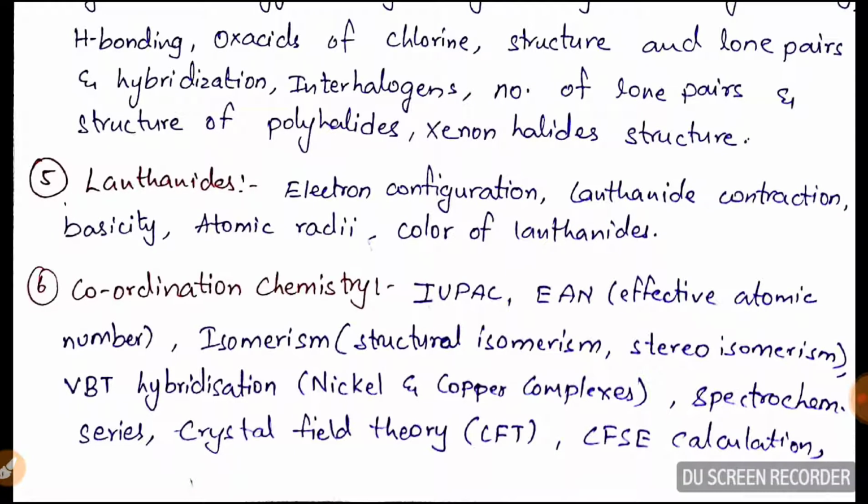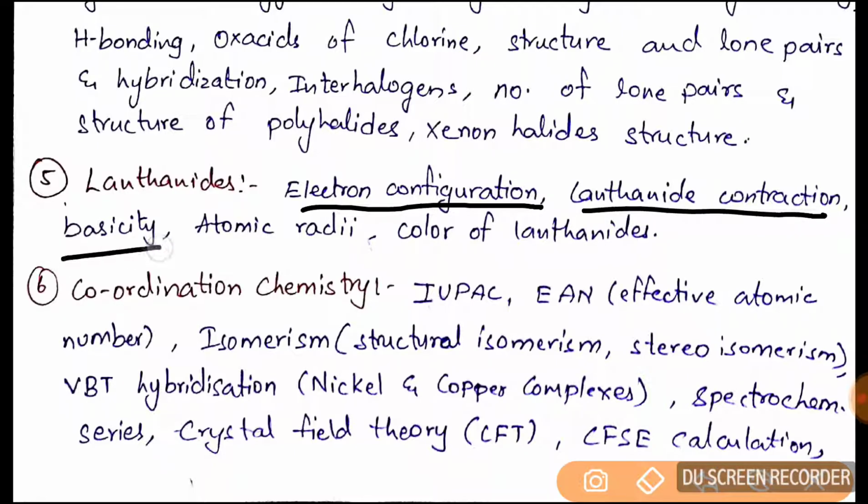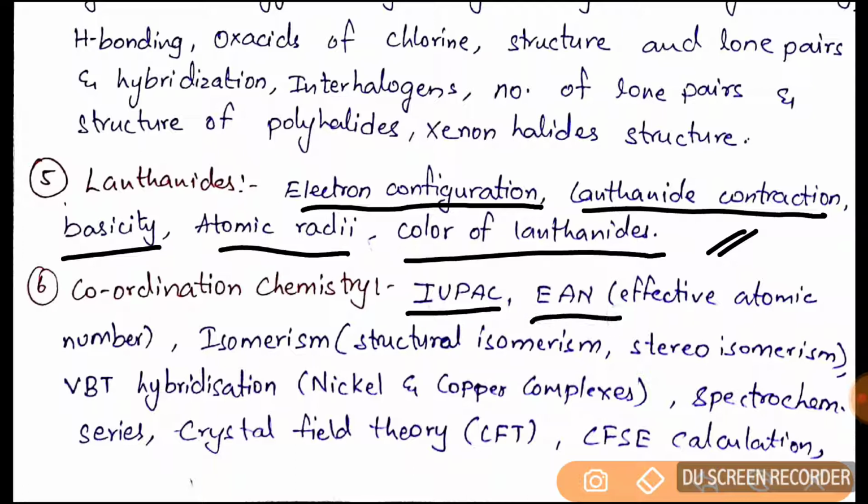Yep. In lanthanides, electronic configuration is very important, and lanthanide contraction, basicity, atomic radii, color of lanthanides. These are the important areas. And here comes the coordination chemistry. In coordination chemistry, IUPAC nomenclature, EAN, that is effective atomic number, is important. Isomerism, that is structural isomerism and stereoisomerism, is important.